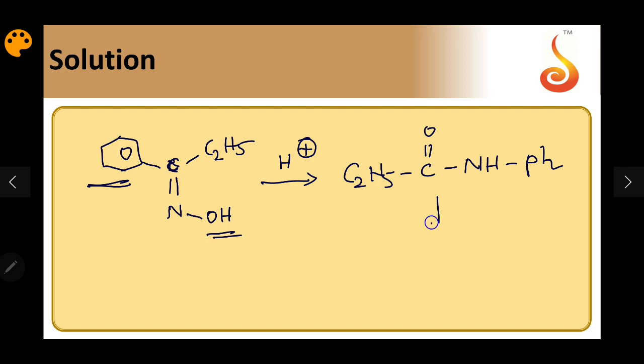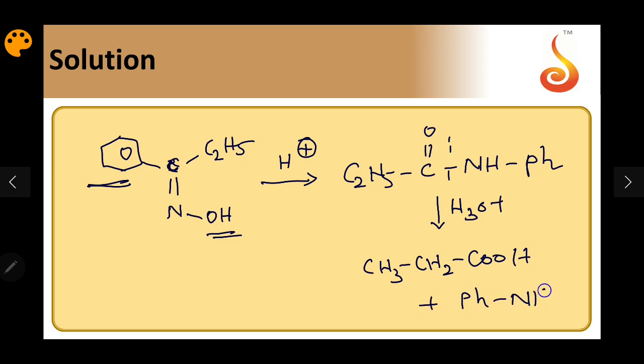So on hydrolysis of this further, this can break. So it forms CH3CH2COOH plus PhNH2. This is one set of products possible. So propanoic acid and aniline are the two possible products with this particular isomer.